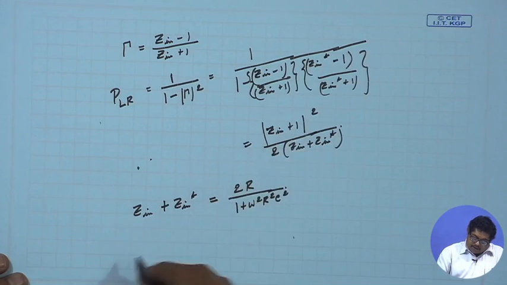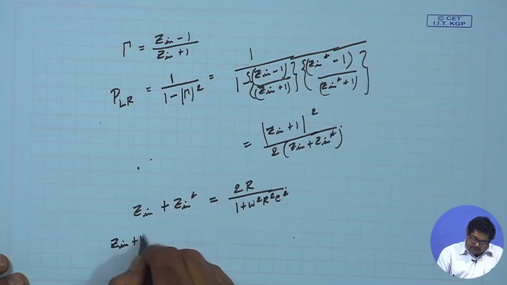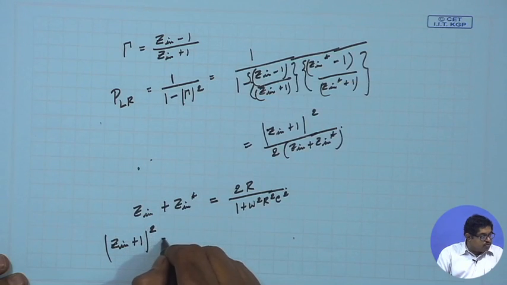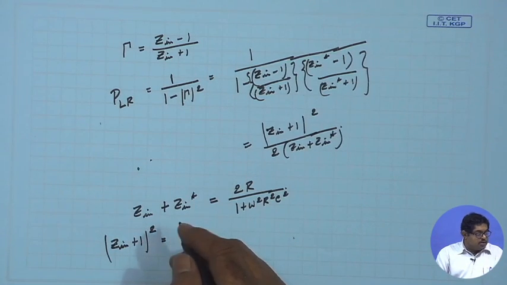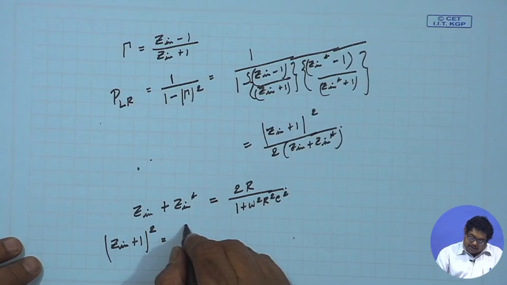and another term is this, the magnitude square of Z in plus 1, that we can immediately write.